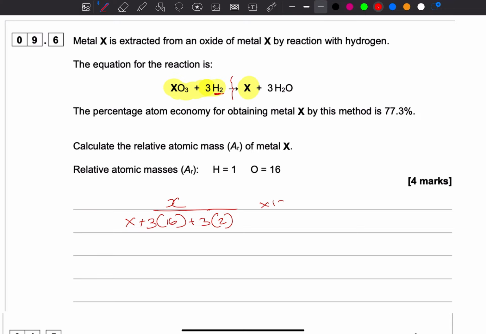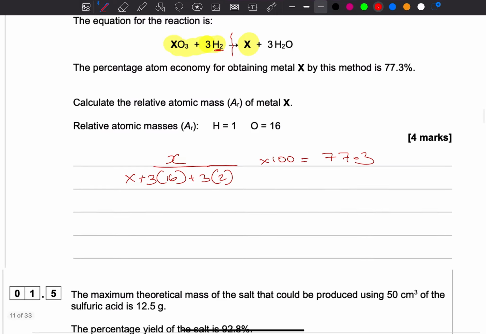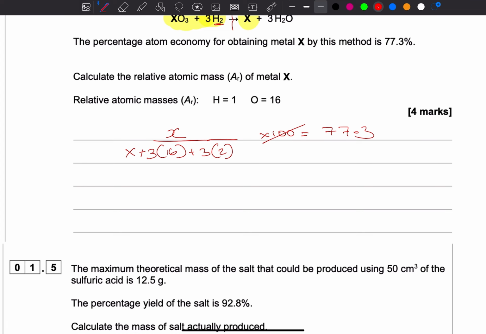Times it by 100 equals 77.3%. So if you divide it, that gives you 0.773. And this is X over, what is it? This is 3 times 16 plus 3 times 2, which gives you 54.